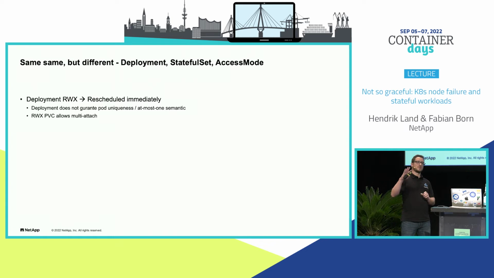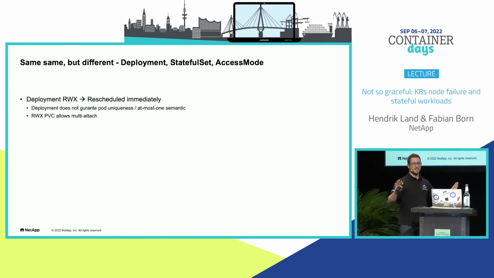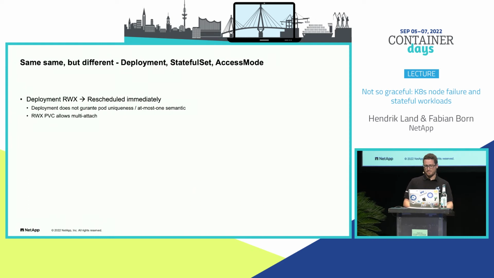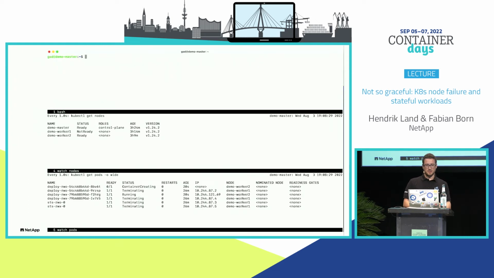That's why you see it goes into container creating, right? And then we have a volume, and the volume is read write many. So the property of the volume is, yeah, you can attach that to multiple nodes at the same time. So the deployment is not blocking creating a new container. The volume is not blocking being mounted again, even though it is still attached to the original node. And that's why that comes up and goes into running state, which is not good. And we'll take a look at why that is.